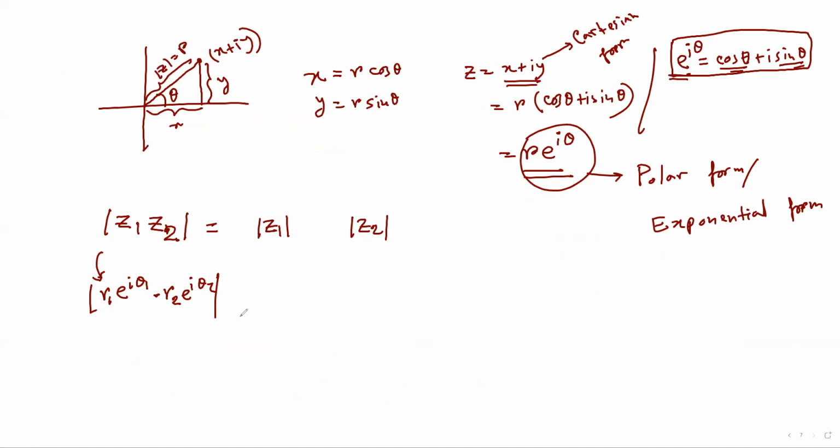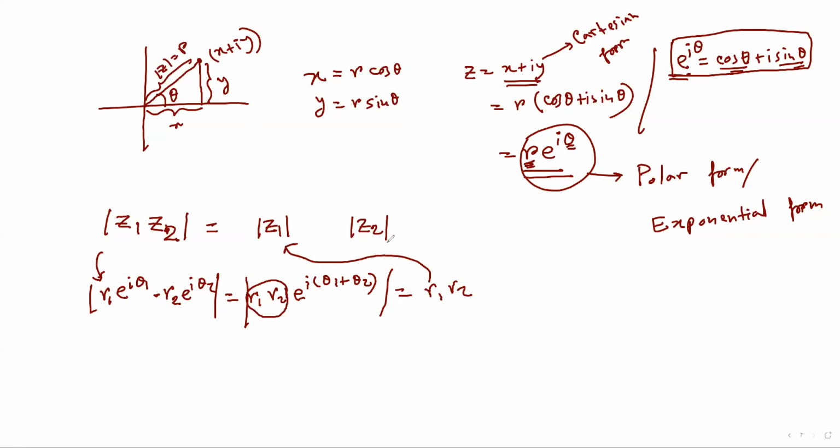So next line, we have something like r1 r2 times e to the power i (theta 1 plus theta 2). Now you can see that r was our modulus and theta was our argument. So using that, the modulus of this is actually just r1 r2, the part that's outside of the exponential. That is our modulus.